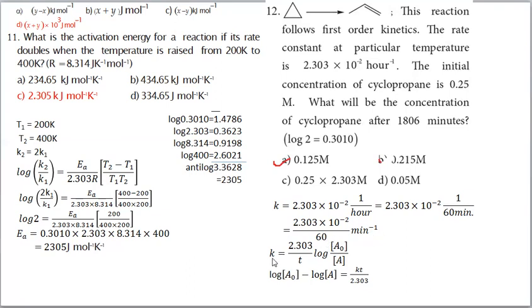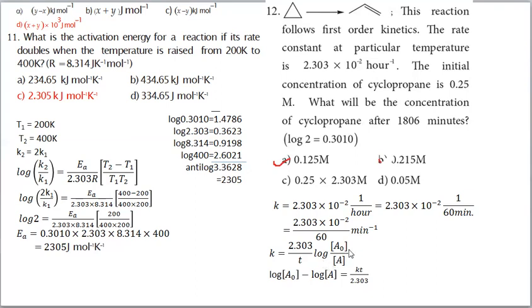The equation for K is K is equal to 2.303 by T log A0 by A. We want to find the final concentration A. So we move these terms to the opposite side, and we get KT. Then log A0 by A is equal to KT by 2.303.